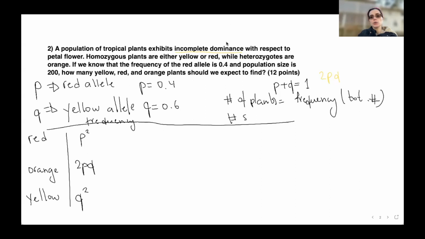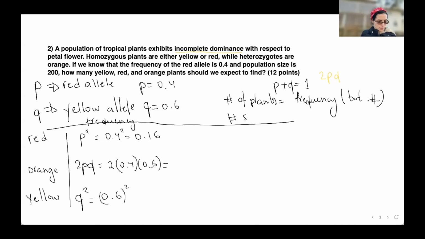And how do we calculate this? Well, p squared would be 0.4 squared, which is 0.16. 2pq would be 2 times 0.4 times 0.6. And q squared would be 0.6 squared. So let's calculate this.